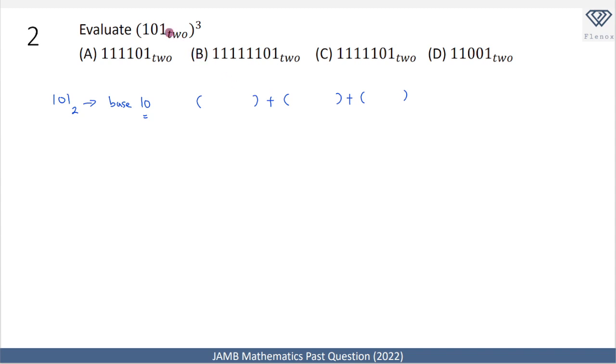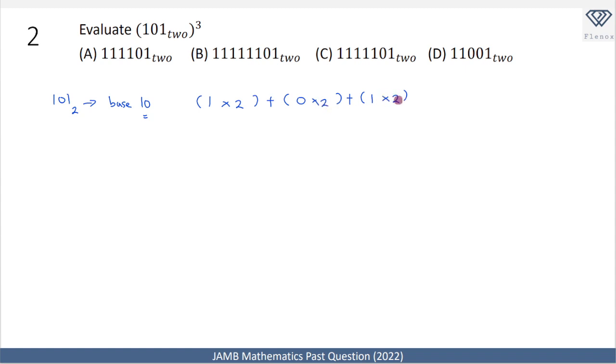Now we write each of those digits in. So we have 1 here, then we have 0 here, and we have 1 in the last bit. Then we'll multiply each of them by 2, because our number is in base 2.